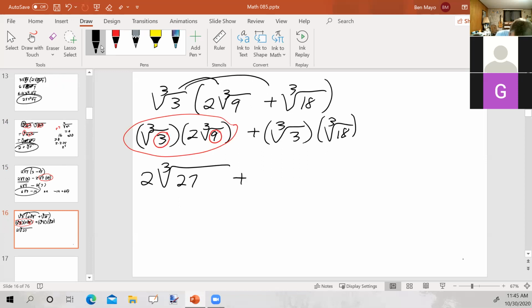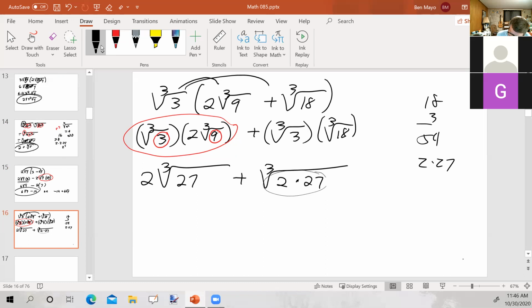Okay, plus the cube root of 18 times 3, which is 54, which is 2 times 27. Okay. Now, why did I break it up that way? Because 27 is a cube, and it's going to get kicked out here in just a minute.